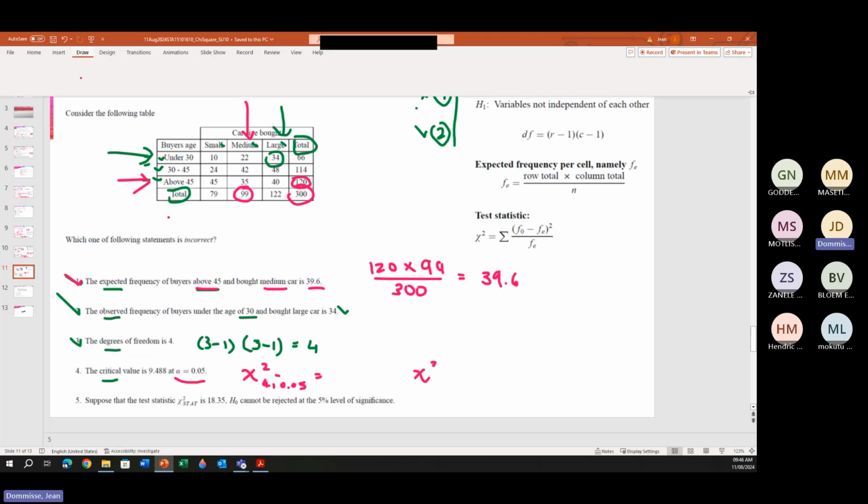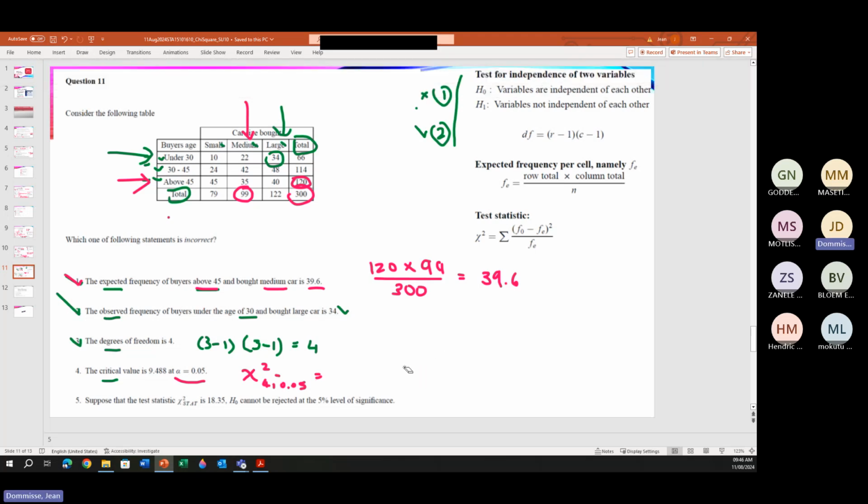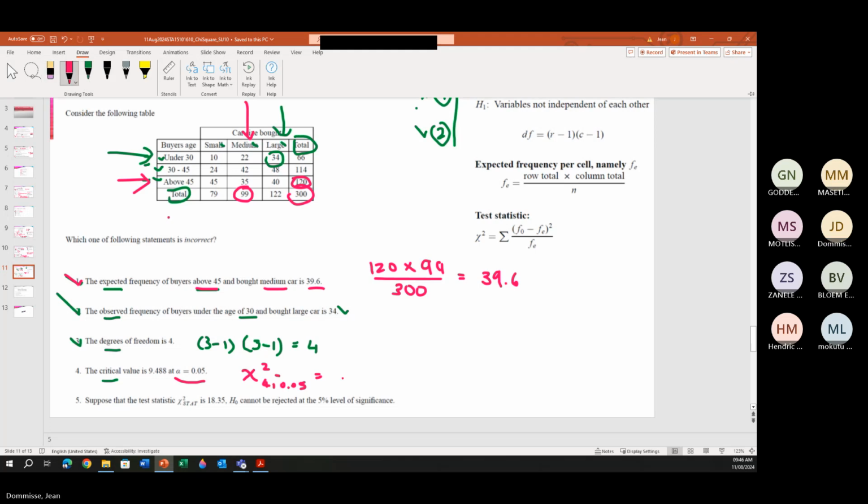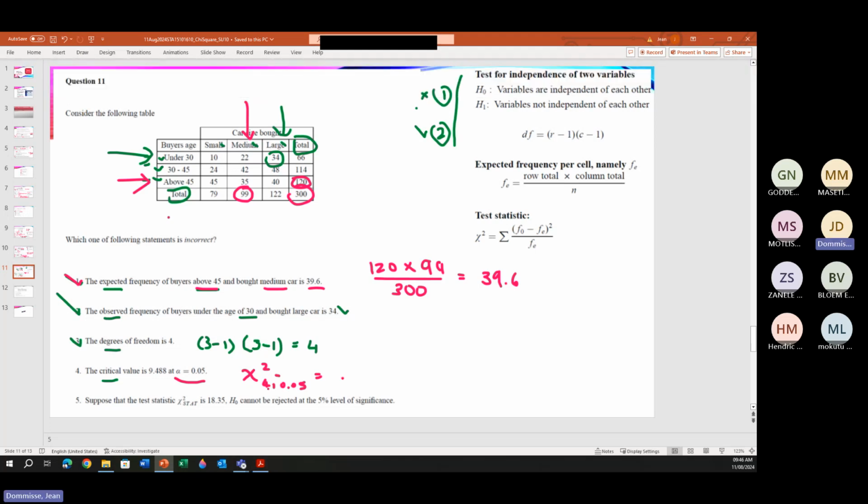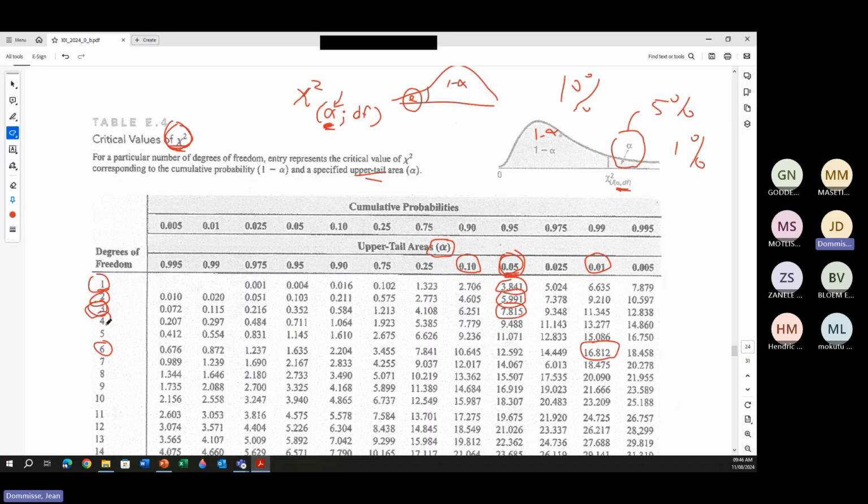So let's quickly go to the table as well. 4 and 0.05. We're nearly covering everything at 0.05 nearly.